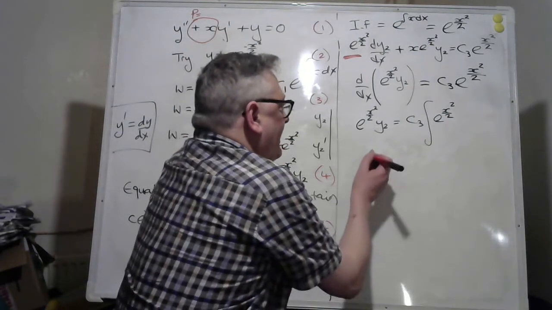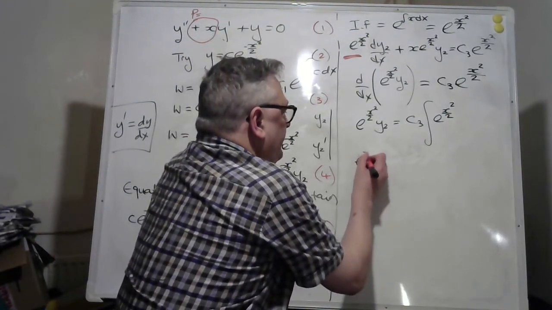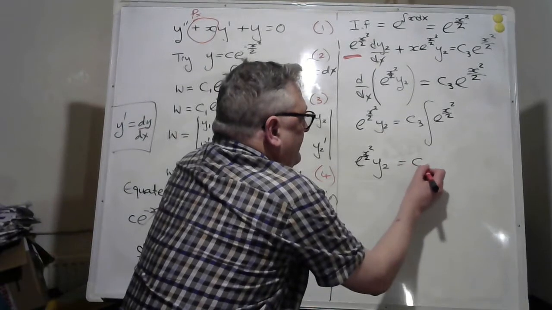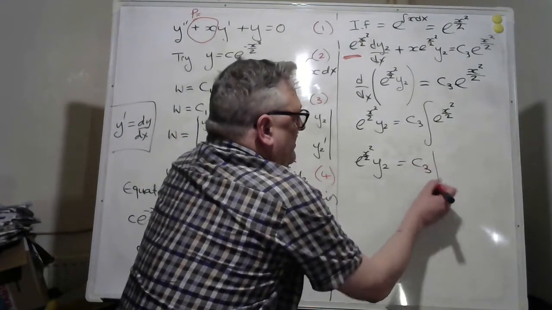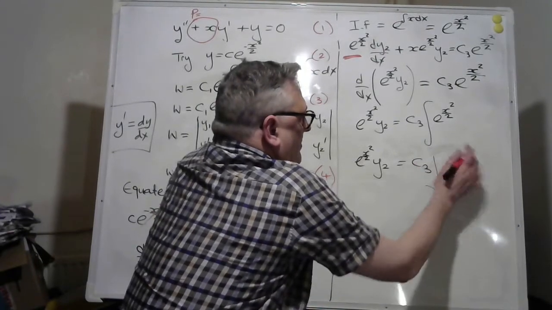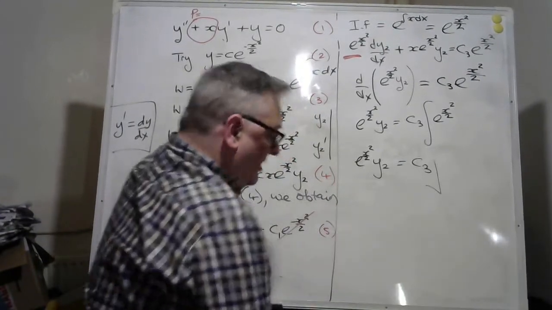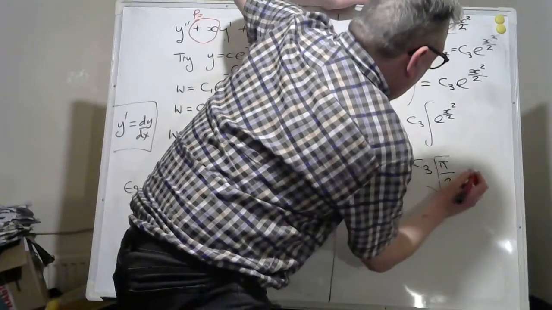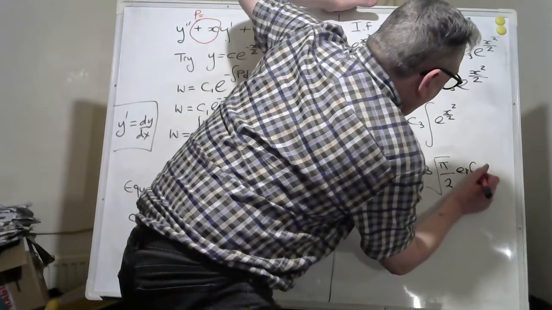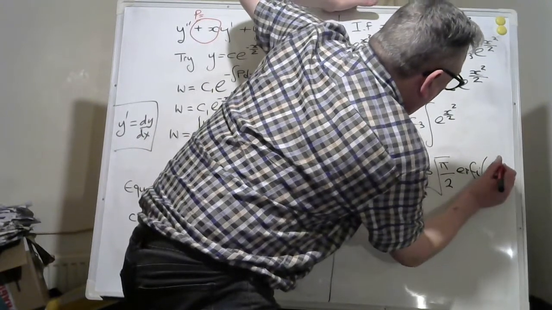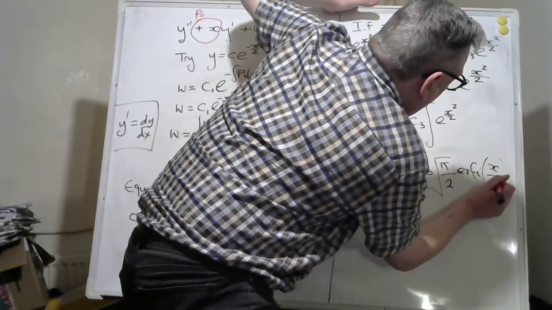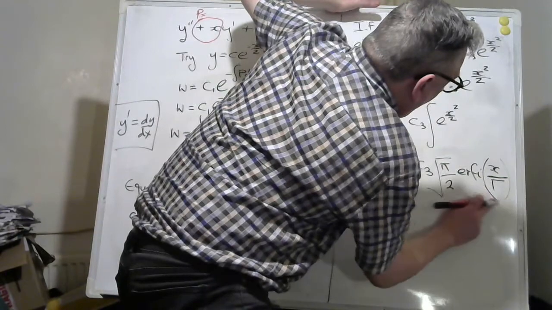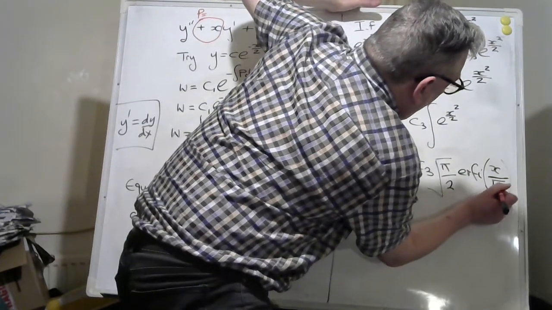what we get here is e to the x squared over 2 y2 is equal to c3 times root pi over 2 times I, the imaginary error function of x over the square root of 2.